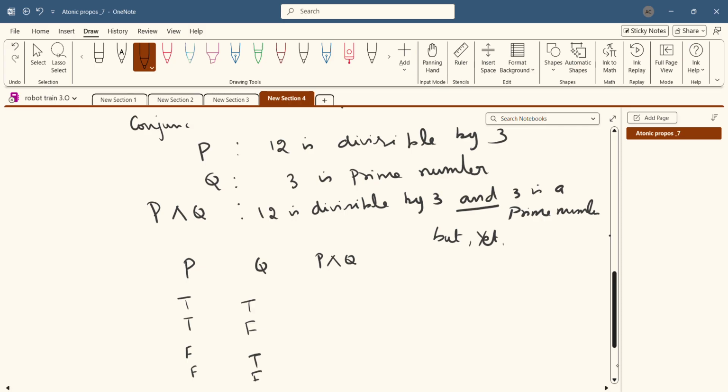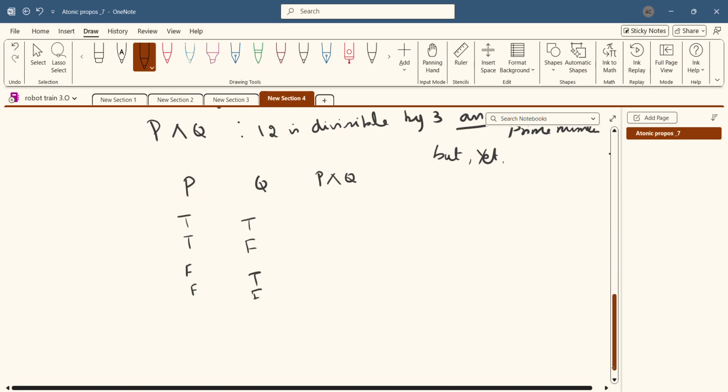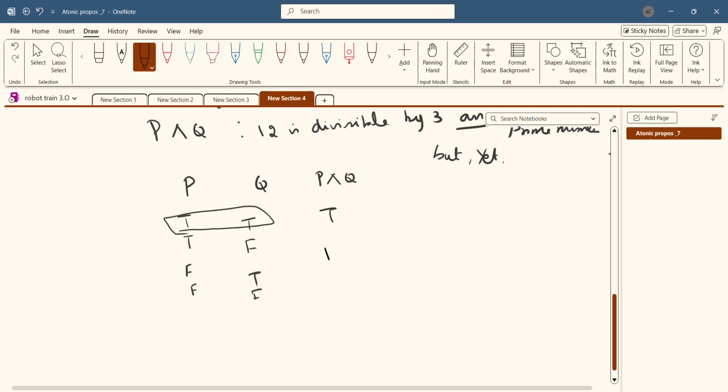If both of the propositions are true, then the conjunction of the two statements is true. Otherwise, it is false. Okay. If both propositions are true, then only the conjunction truth value is true. Otherwise, it is false. Okay.